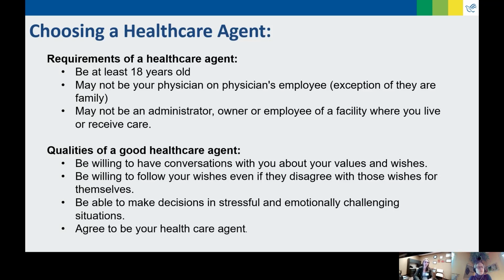So, thinking through this list and the people that are coming to mind, those would be good places to start, whether you write them on your sticky note or on your document, but know that you may have to revise your list as you start to have these conversations with those people.